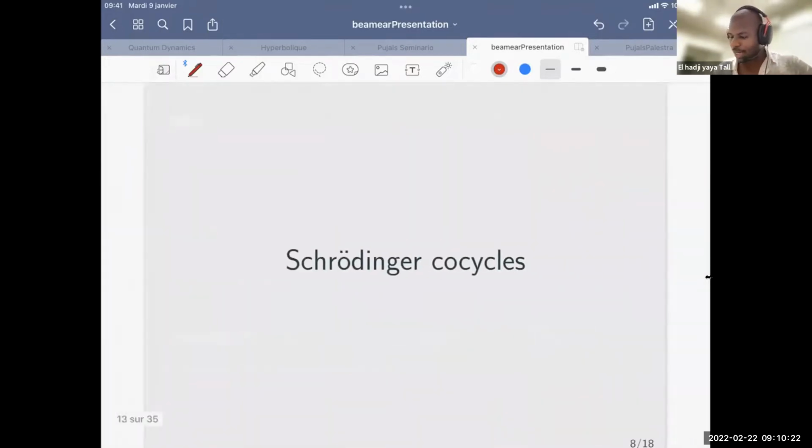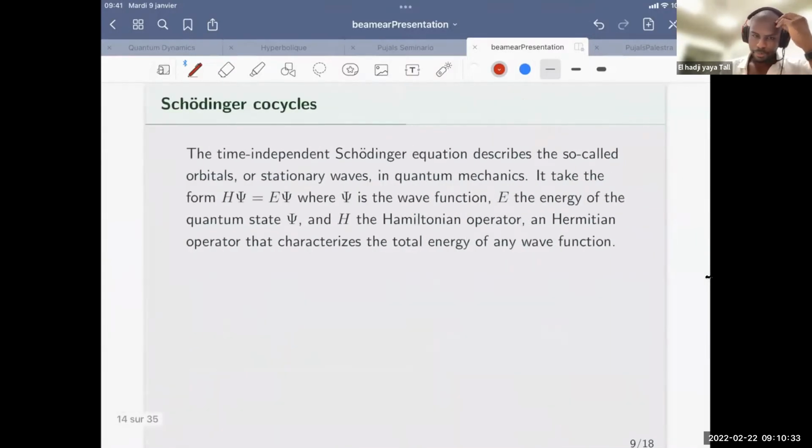Okay. So next I will talk about Schrödinger cocycles, and I will tell you what this has to do with linear cocycles. A Schrödinger equation is a partial differential equation with four variables. You have three space variables and time, and usually it's very complicated to solve.